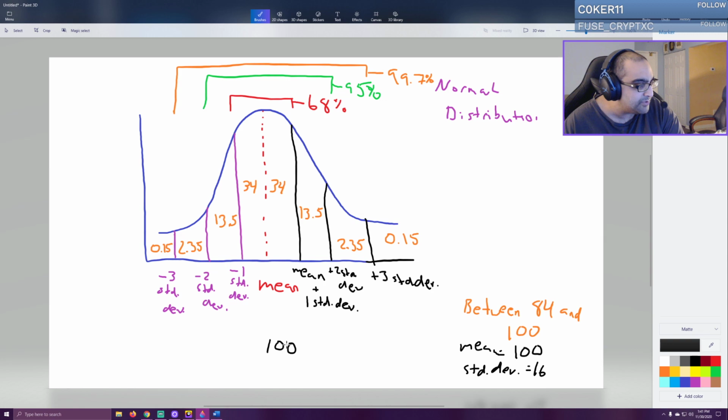Let's say I made up the graph like this. The mean here is 100, straight dead set in the middle. Now, if I went 1 standard deviation to the right, if I added 1 standard deviation, what score should I get over here to the right of 100? What should be my next score then?